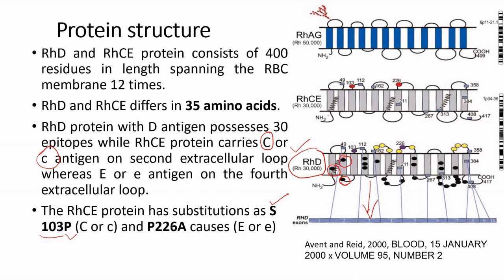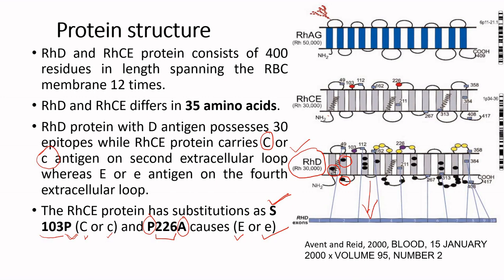If it is substituted from serine to proline, it will convert capital C to small c. Whereas if at amino acid 226 it changes from proline to alanine, it will result in capital E or small e. On this basis, different antigens of the RH blood group system can be formed.